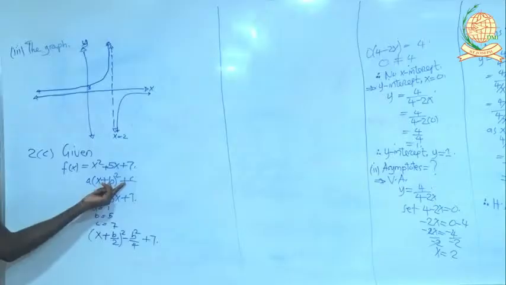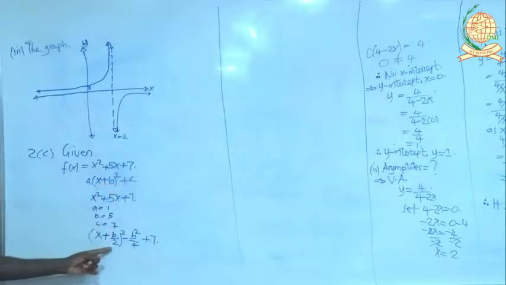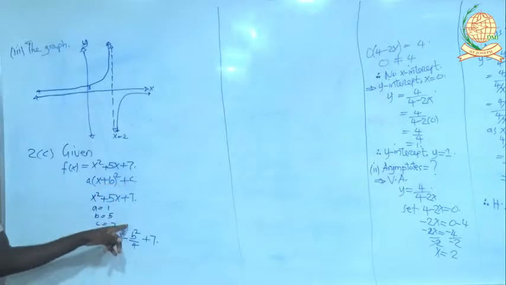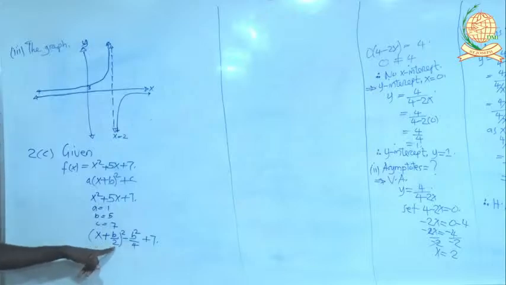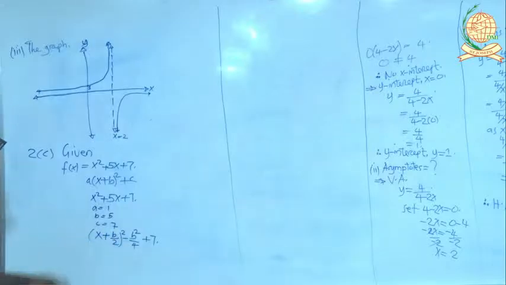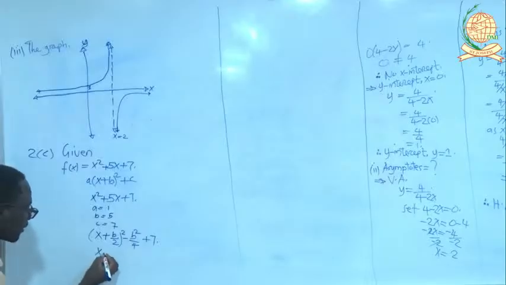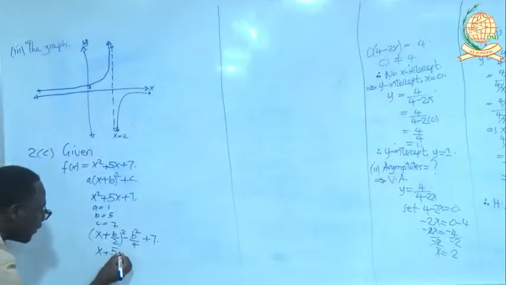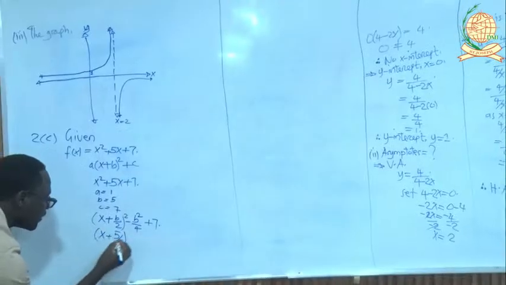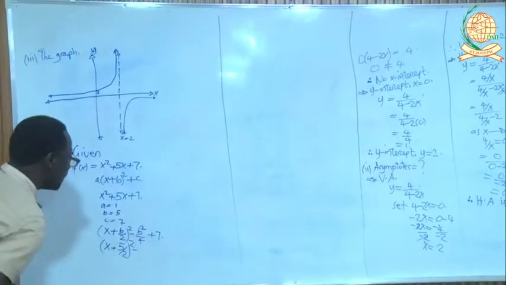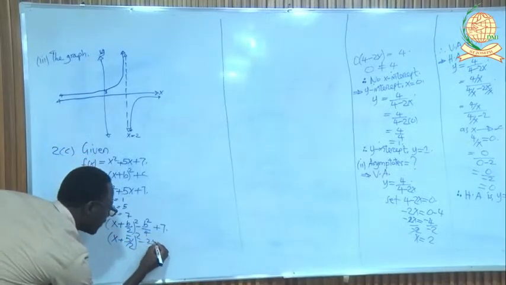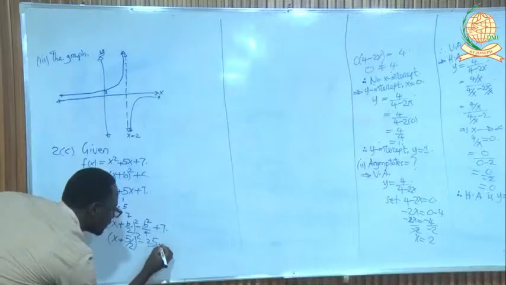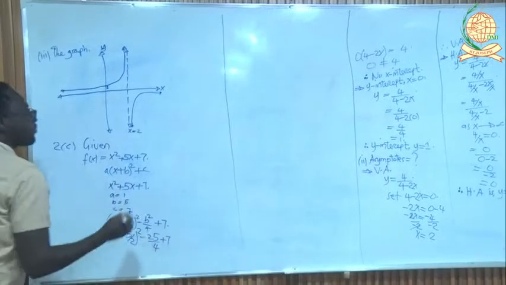So this form will be the same as this one. x plus, we take b over 2, then squared, minus b squared over 4, which is 2 squared. Now the value of b is 5. This will be x plus 5 over 2 squared minus b squared, 25 over 4, then plus 7.